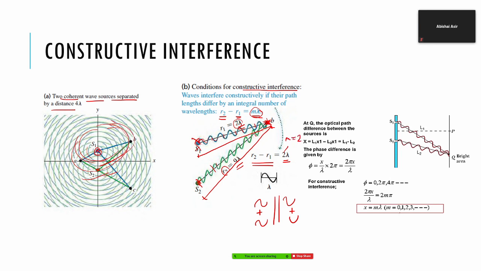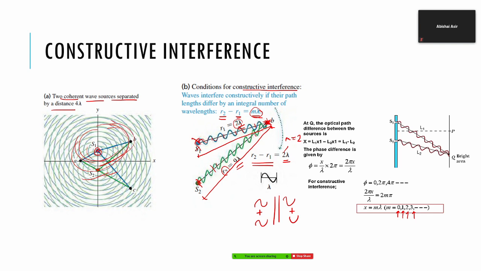You can see that m can start from 0, it can be 1, it can be 2, it can be 3. As I conclude, if the difference between them is m lambda, they will have constructive interference.